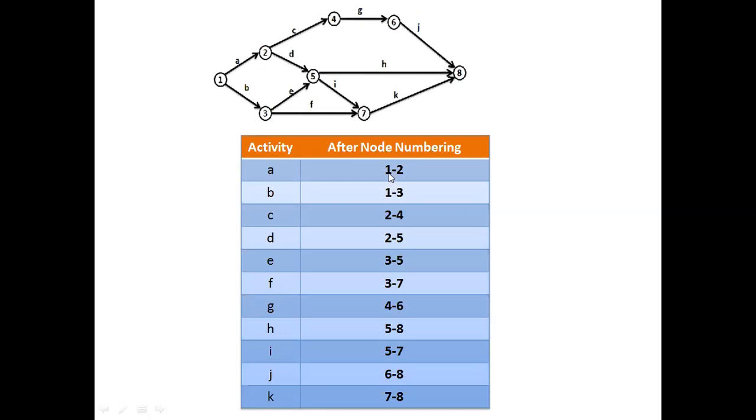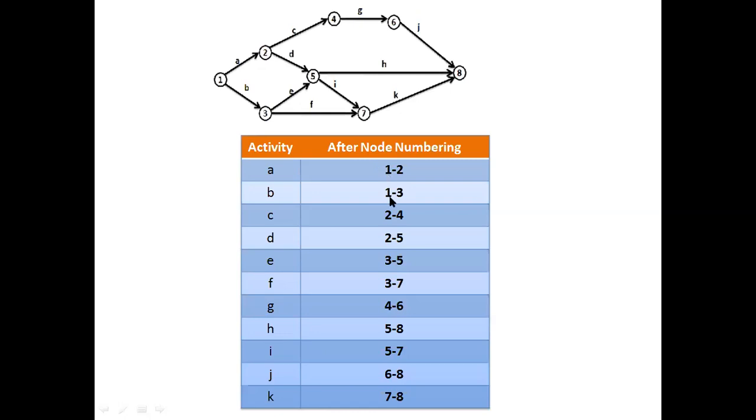So let us see one more advantage of numbering the node. The activities which are having the same initial node, that is node number 1, this activity 1 to 2 and 1 to 3 are concurrent activities. Concurrent means both will start at the same time and having the common tail event, that is 1.